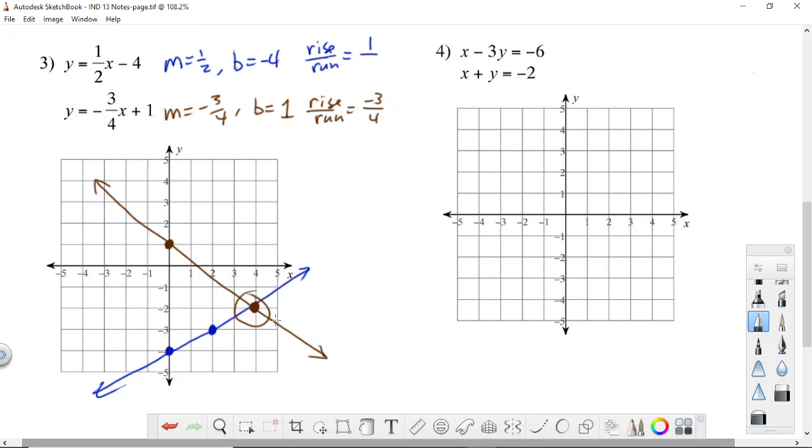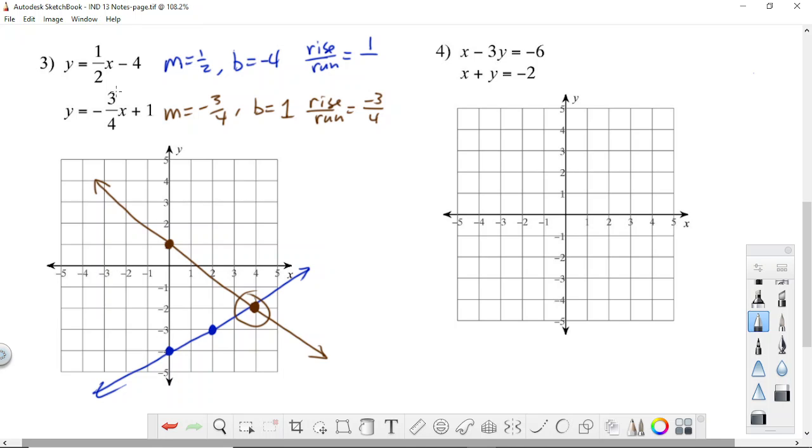Now, we haven't checked any of these. So, this one might be a pretty good one to check. And it's good practice to check these anyway.